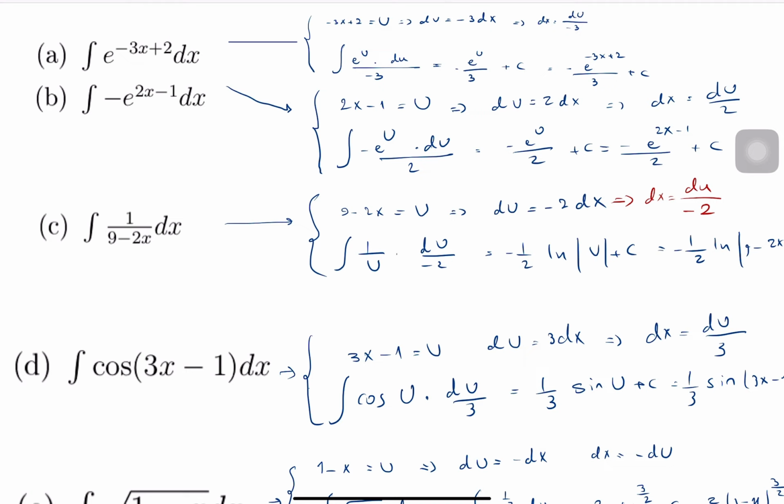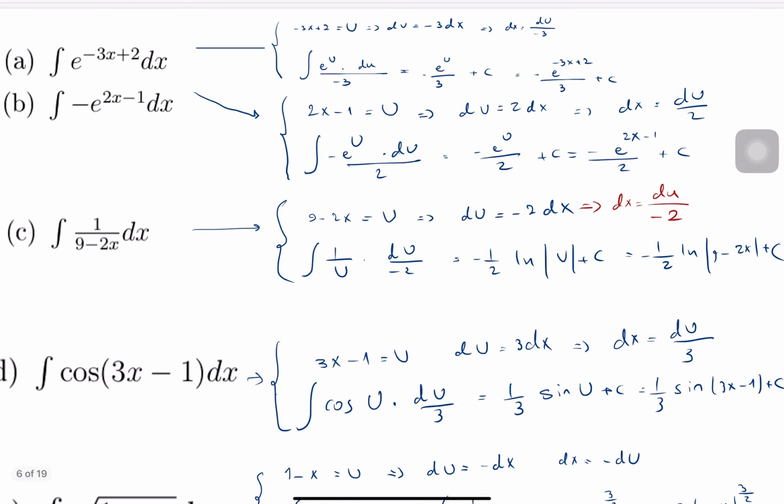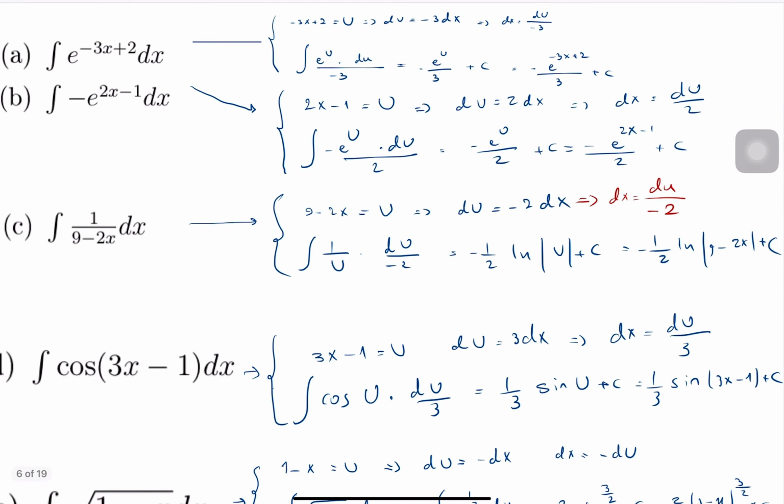I know the integral of 1 over u is ln u, and the number is outside. Then I put 9 minus 2x instead of u, and the result will be minus half ln 9 minus 2x plus c.